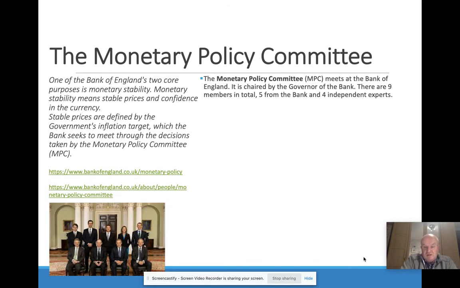The actual committee is chaired by the governor of the bank, and there are 9 members in total, 5 from the bank and 5 independent experts. So they have huge amounts of economic knowledge and economic experience, and will use that to assess on a monthly basis where they're going to take interest rates, what they might want to try and do with the economy in the future.